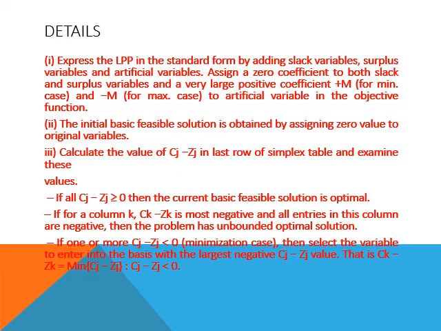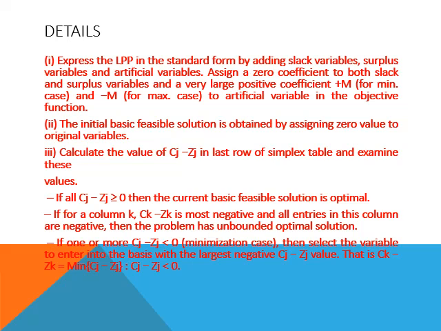Given the various cases, if the differences between Cj and Zj are more than 0, then the current basic feasible solution is optimal. Otherwise it is unbounded in case of negative.